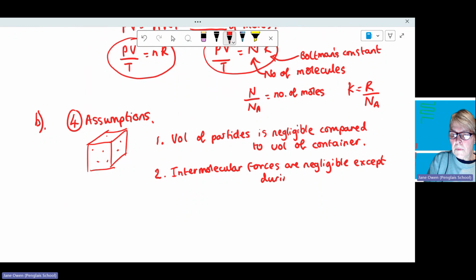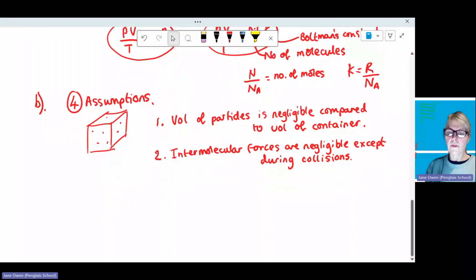And it's probably worth pointing out here that because the volume is assumed to be completely negligible, the particles don't collide with each other. They collide with the walls of the container, and that gives us the pressure. So when we're looking at collisions, it's the collisions between the particles and the wall.